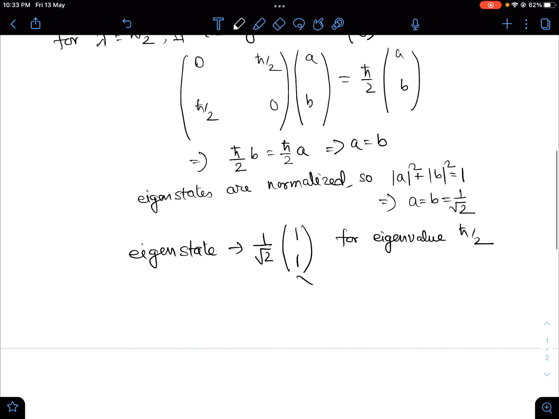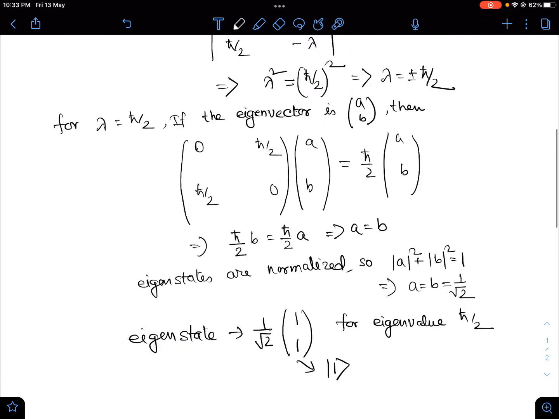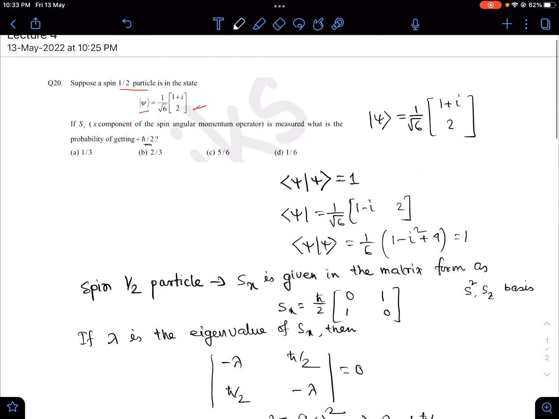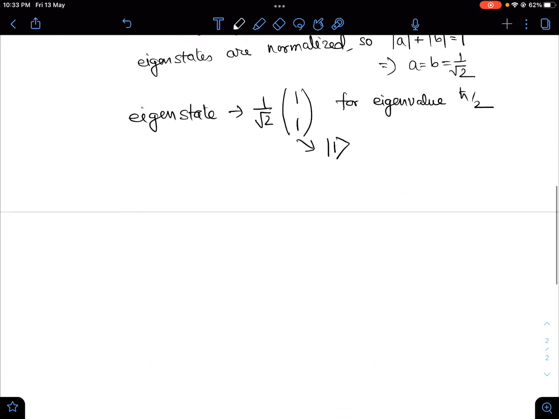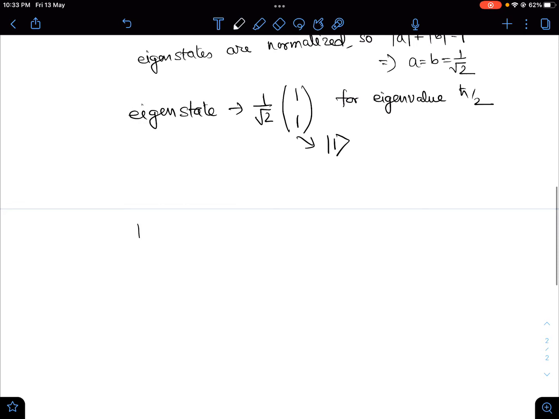So let us denote this by 1. So we have to find the probability of getting h cut by 2. So we can express this wave function psi as a linear combination of 1 and 2, because 1 and 2 form a basis, so we can expand any wave function in terms of these two.